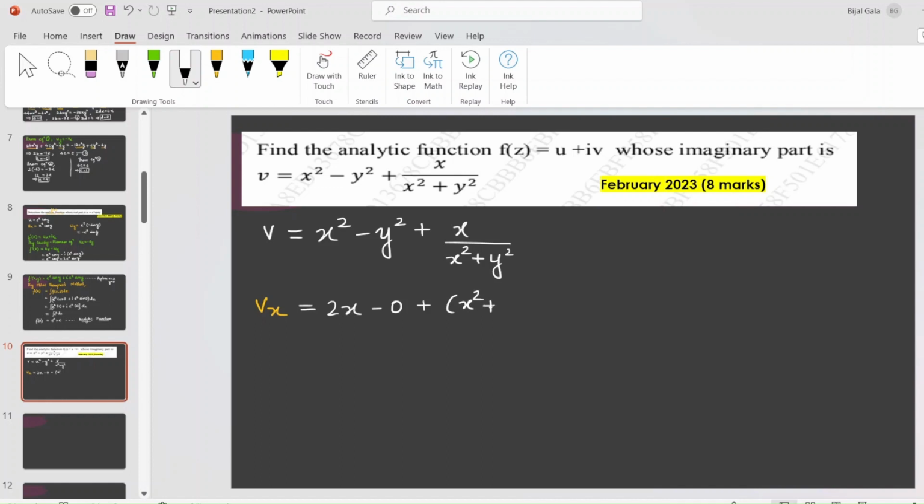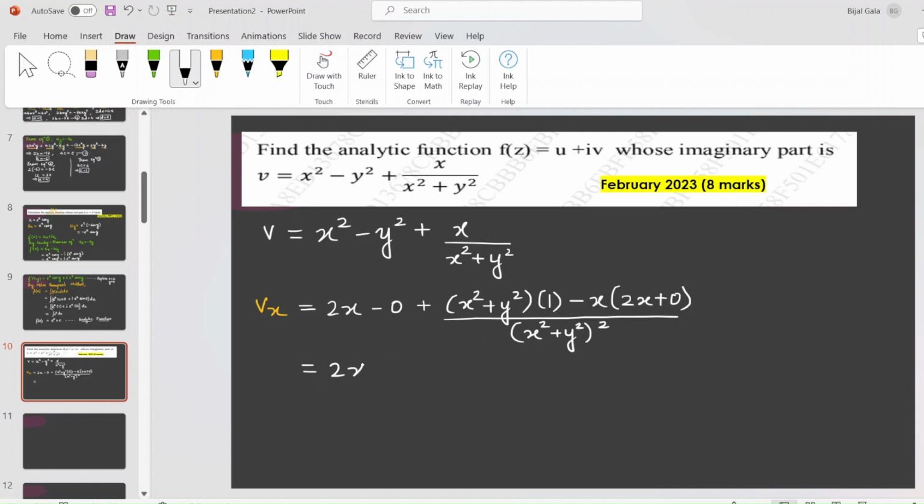So that's v derivative of u minus u derivative of v. While taking derivative of v, there are two terms. One is x, one is y term. So only the x term will give derivative. The second term will give 0. So 2x plus 0 divided by the entire denominator square. So let's simplify this.